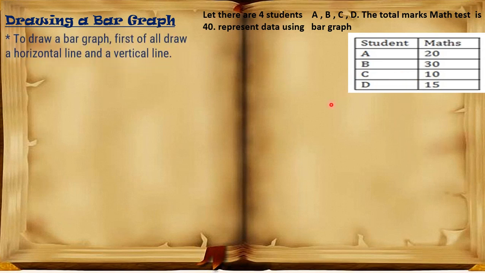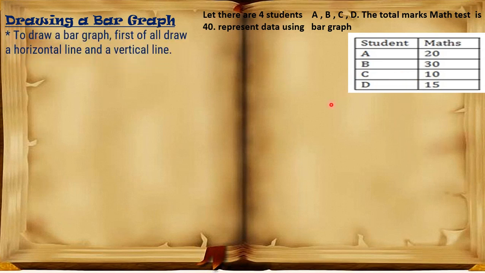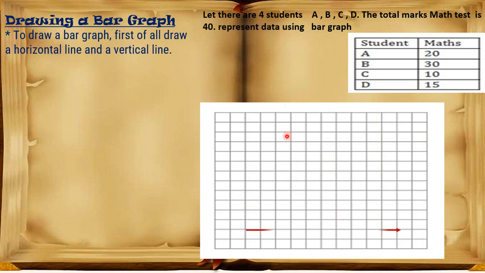So first of all we have to draw the bar graph. Take two lines, a vertical line and a horizontal line. The horizontal line and vertical line are known as the x and y axis respectively, and the intersection point of these two axes is the 0.